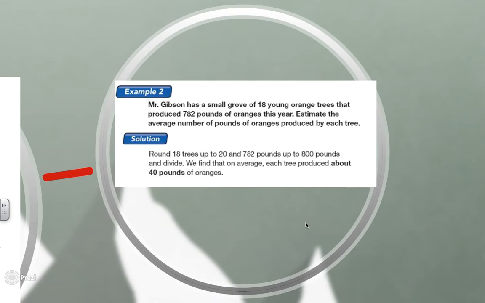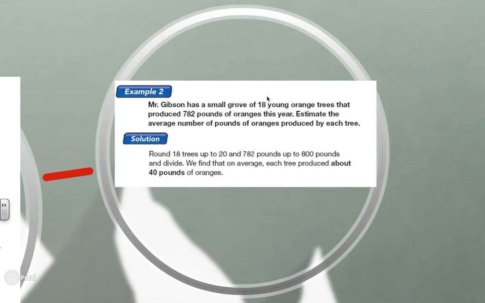Example number 2. Mr. Gibson has a small grove of 18 young orange trees that produce 782 pounds of oranges this year. Estimate the average number of pounds produced by each tree. So we're going to estimate this, okay? So we have to round both the trees and the pounds.